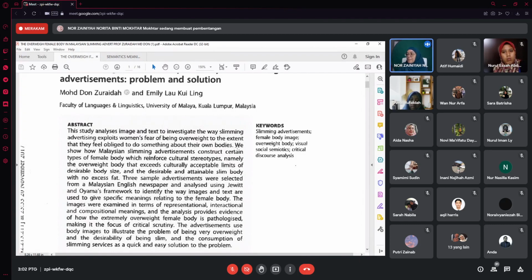So meaning we're talking about cultural stereotypes and how it's being represented by women, in accordance with how the advertisement portrays that stereotype.